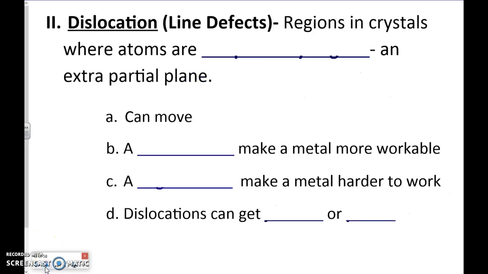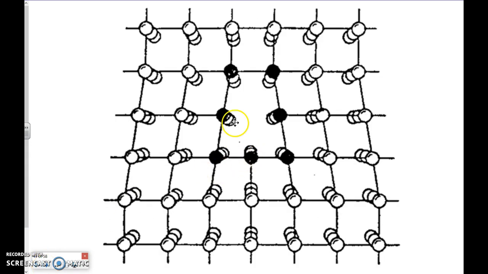The second type of defect, we have line defects. We actually call these dislocations because of what they do to our lines. Instead of affecting one atom, you're affecting a whole line of atoms. And let me go ahead and go up here. So this is an example of an interstitial. You can see this extra piece here.